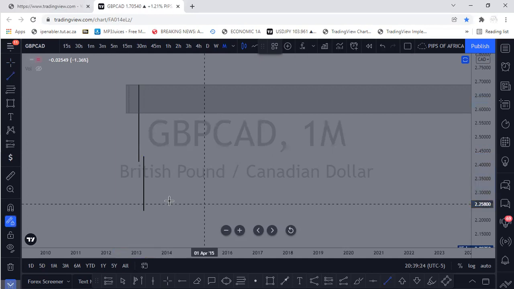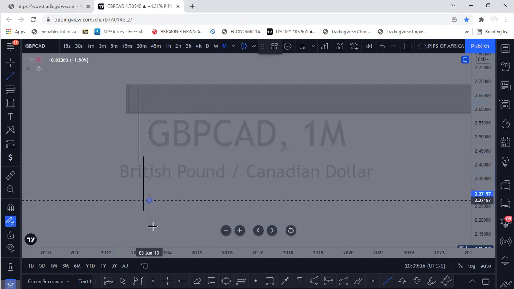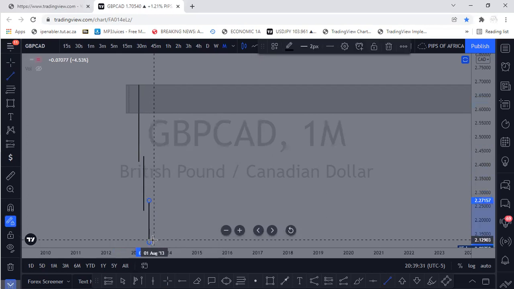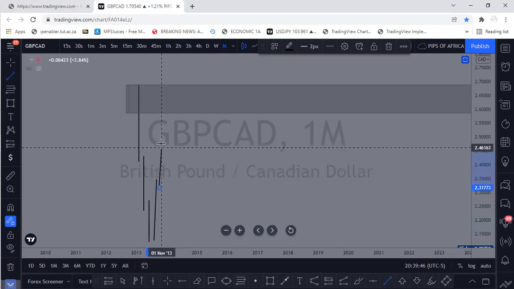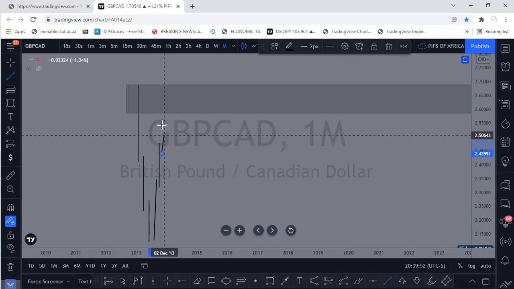And then the market continues with its bearish momentum, and then suddenly you see the move like this, another one like this, going to the upside, approaching your order block zone.